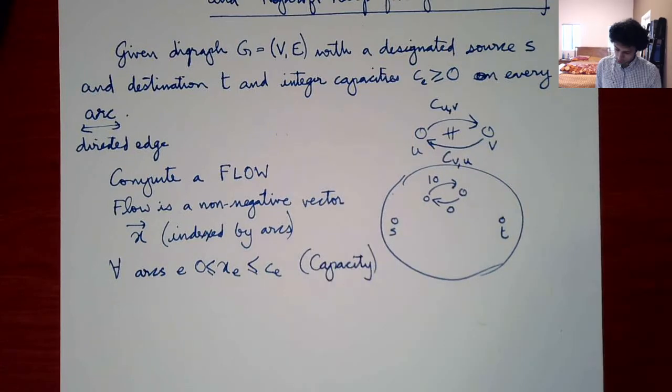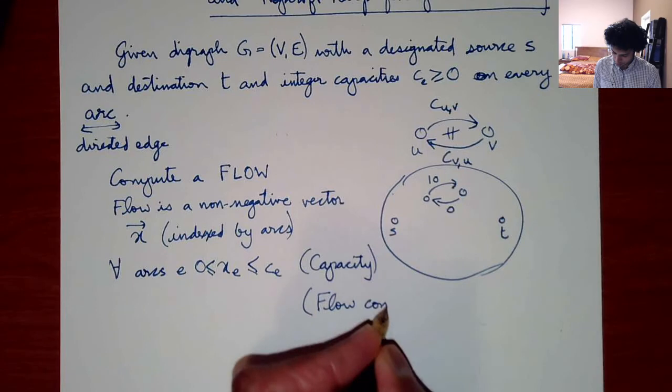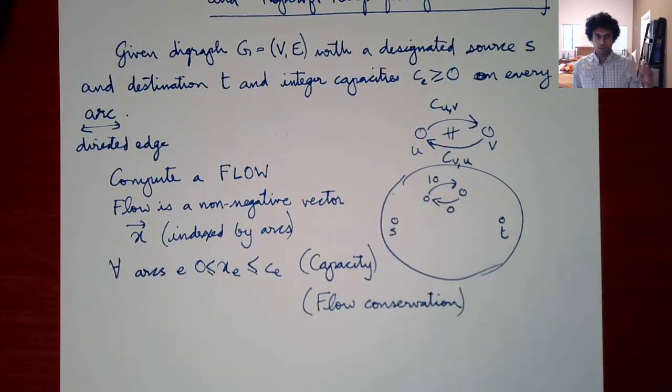And the other constraint is what's called flow conservation, which simply means that flow in is equal to flow out. So it just says that the flow that is coming into a vertex is the same as the flow that is going out of a vertex.